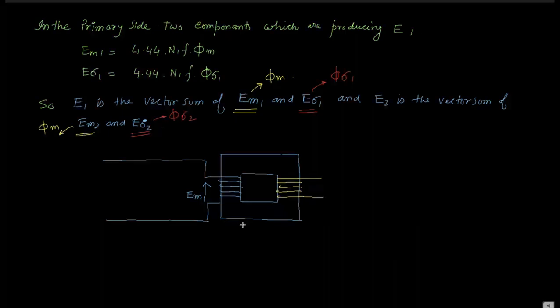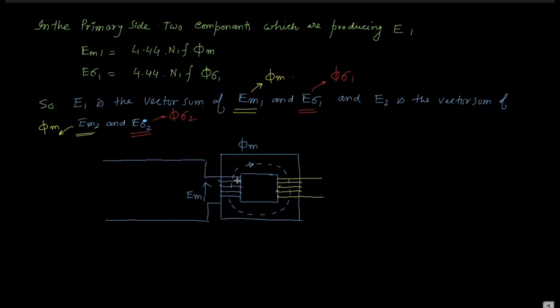What is this due to? This is due to the main flux phi m, which is producing the EM1. Is there any confusion? The main flux produces the EMF EM1. Now what about E sigma 1?